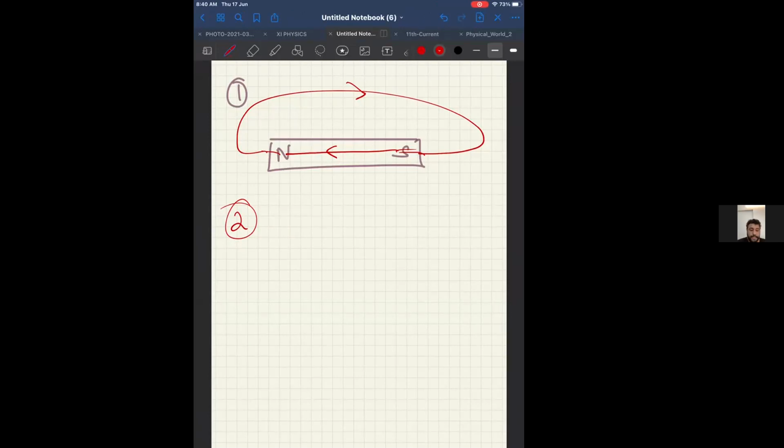Curie temperature is the temperature above which a ferromagnetic material becomes paramagnetic. I told you, if I heat a ferromagnetic substance above a temperature called Curie temperature, it will behave like a paramagnetic substance.